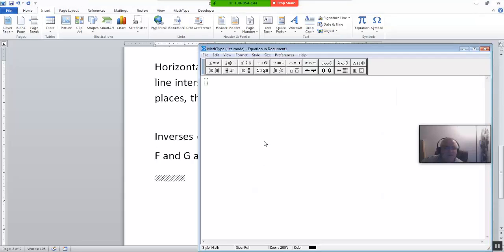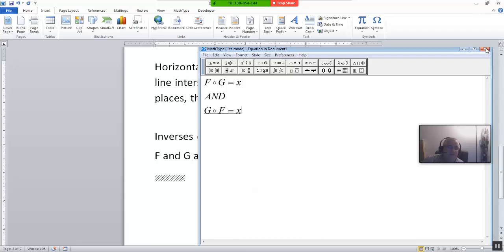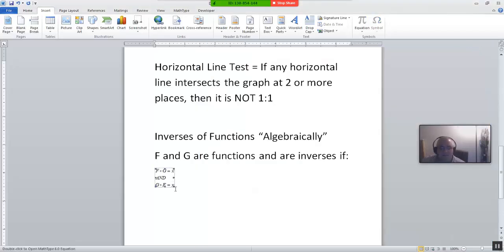Make this a little bit larger after I write it out. The composition of f and g is equal to x, and the composition of g and f is equal to x. So it has to be true going both directions.